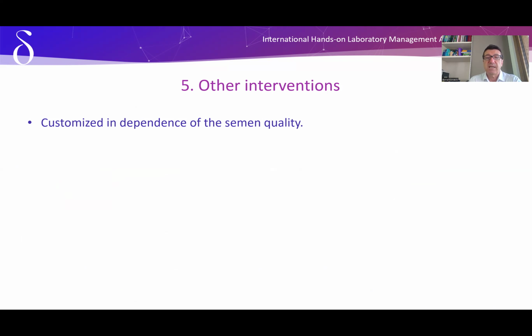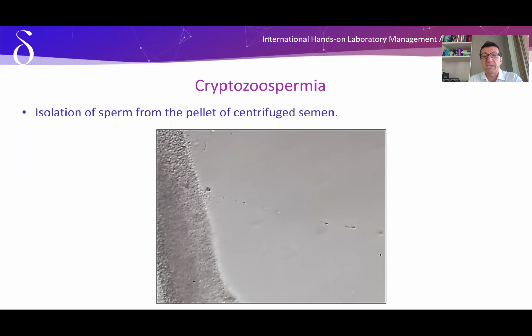What about some other interventions that are needed when we have very complicated sperm samples? I call these customized methods, and they differ depending on the semen quality.